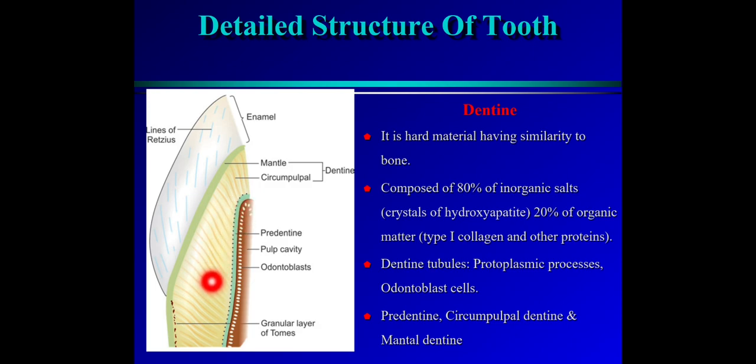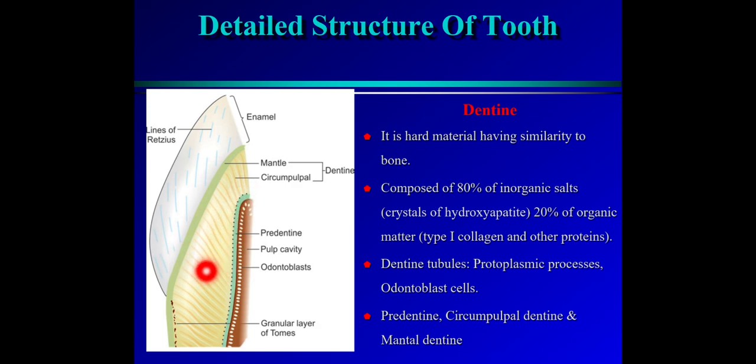These protoplasmic processes pass through the odontoblast processes, form the dentine tubules and reach the enamel. In the enamel, the portion surrounding the dentine, they are called enamel spicules.